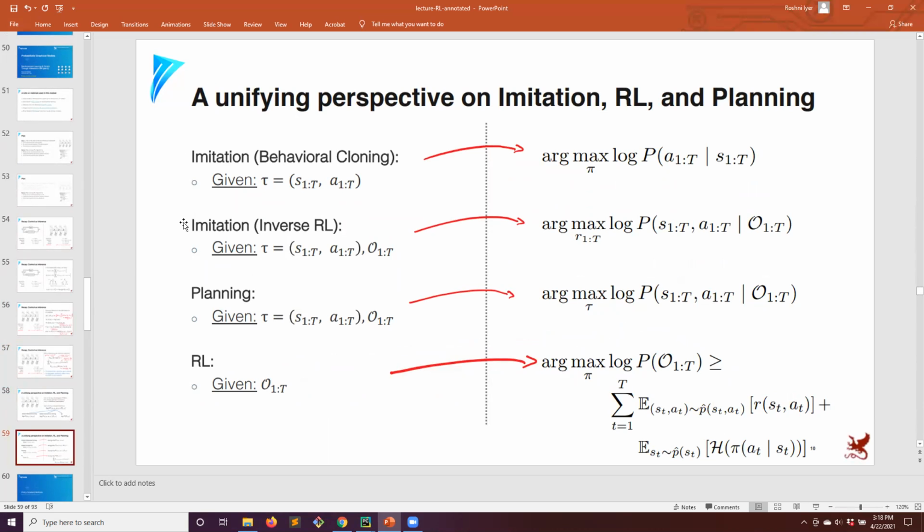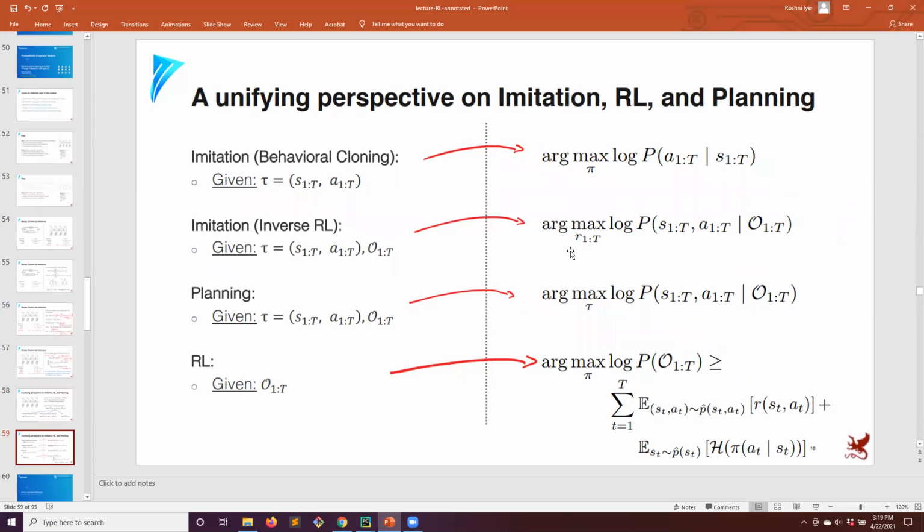And if we look at each of these different ones, these are the givens. So in this case, imitation learning, we have the taus, or the trajectories. And this is the objective here. In the inverse RL case, we have both the trajectories and the optimality variables.